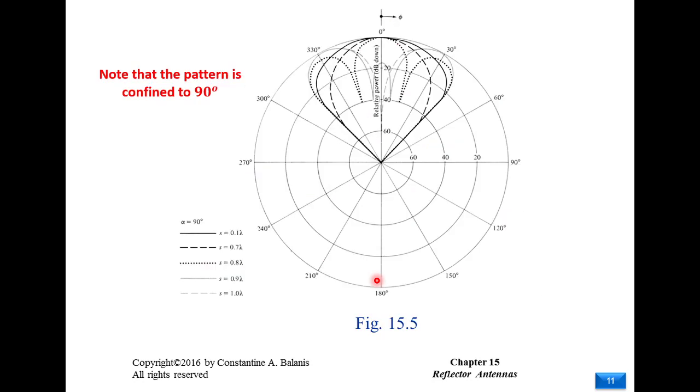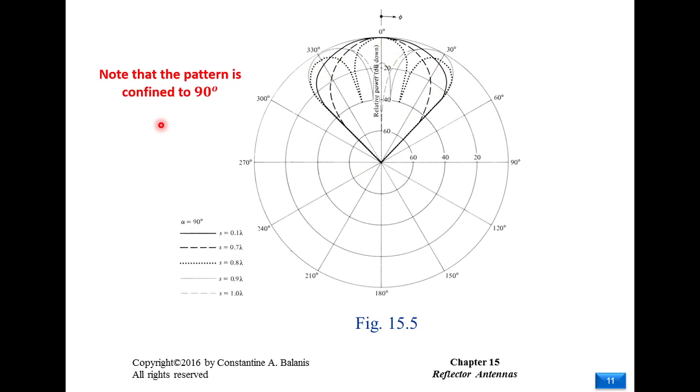So here, for multiple different values of s, which is the spacing between the source and the origin, s equal to 0.1 lambda would have this pattern. It's a nice pattern. And then with different values, we'll start to see multiple lobes.